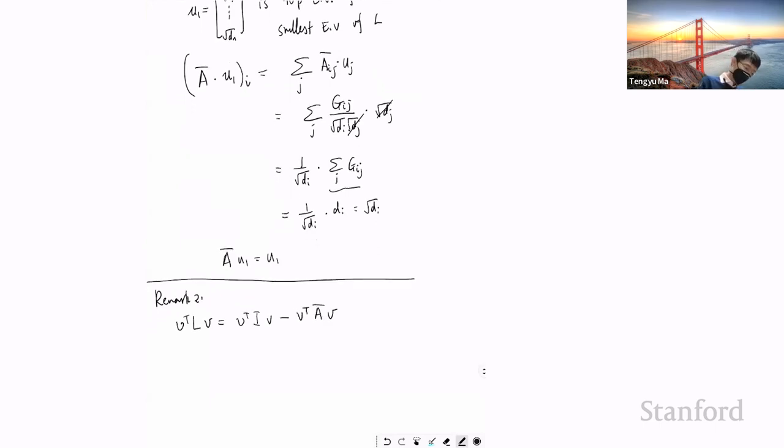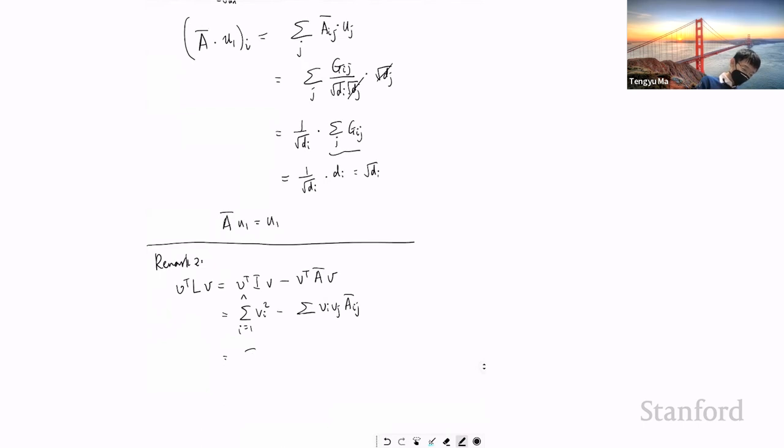Let's just brute force rewrite this. This is the sum of V_i squared, i from 1 to n, minus the sum of V_i V_j, A bar_ij.